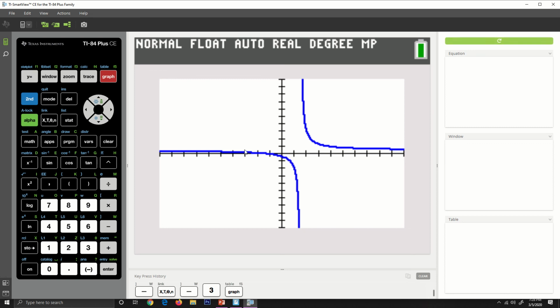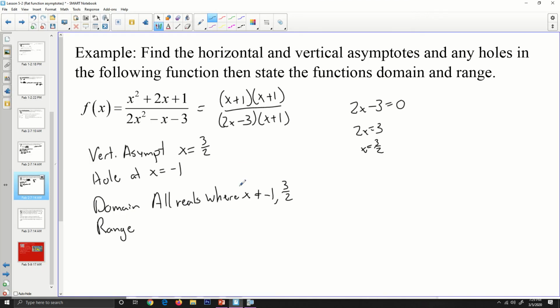And so when I go to graph this thing, certainly it looks like I have my vertical asymptote at 3/2, so 1.5. And it looks like I have a horizontal asymptote that it doesn't cross. And so what is my horizontal asymptote going to be? Well, I got x squared over x squared, so the degrees are the same.